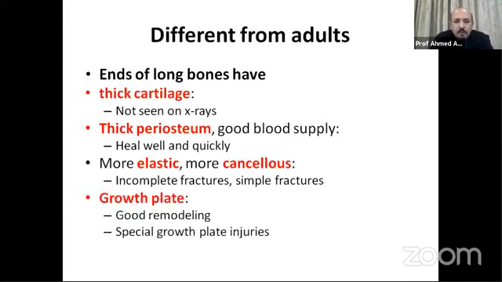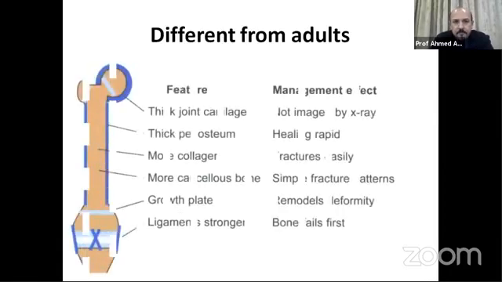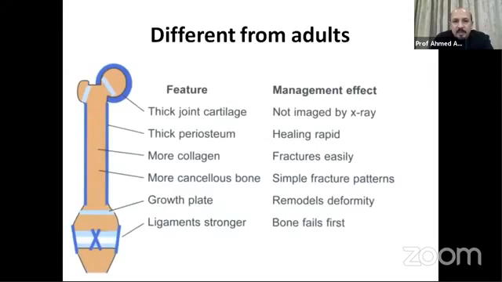The presence of the growth plate helps in good remodeling and having also special growth plate injuries. In this diagram, to remind you: thick joint cartilage, not imaged by X-ray, thick periosteum, rapid healing, collagen, easy fracturability, more cancellous bone, simple fracture patterns.